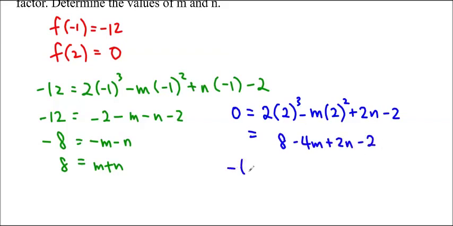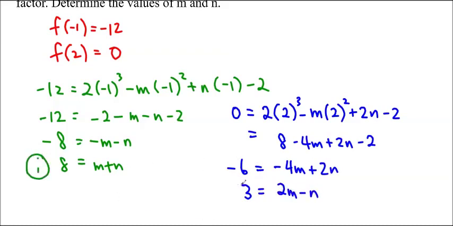Move it to the other side, so negative 6 equals negative 4m plus 2n. And depending on what you want to do, I think I'm going to divide by negative 2 so that I get 3 equals 2m minus n. So this is our first equation, label it 1, and this is our second.